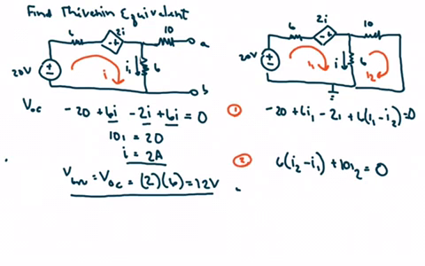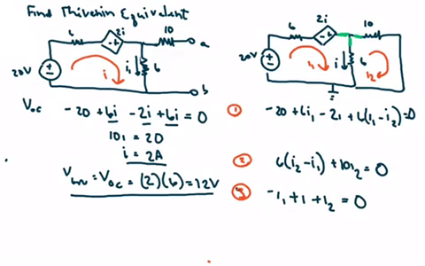Okay, now something to notice is that the only current here is I1, the only current here is I2, and there is I. So we can use KCL to get a third equation, and we have I1 coming in, I coming out, and I2 leaving.